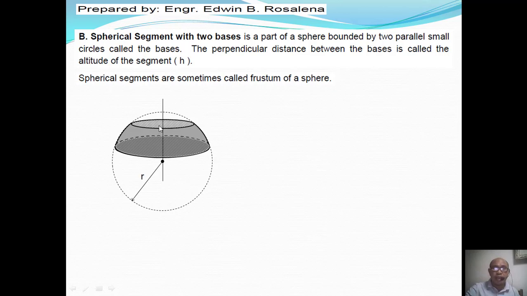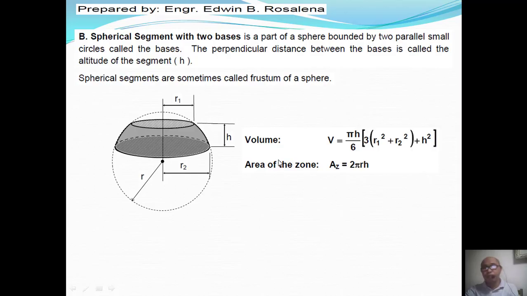I will call the radius of the sphere r. The radius of the first base is r1, the radius of the second base is r2, and then we have the height h. So the formulas we have here: volume equals pi h over 6 times the quantity 3 times (r1 squared plus r2 squared) plus h squared.